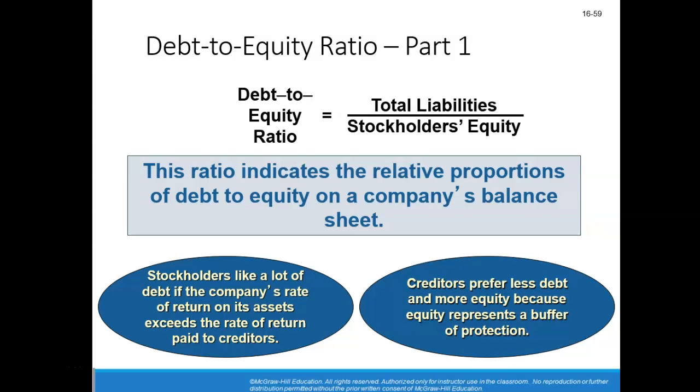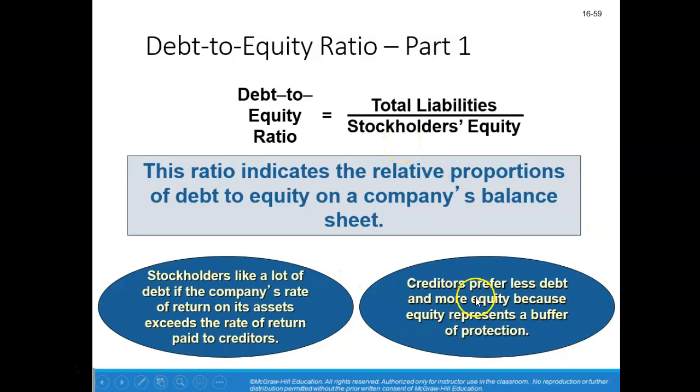When you think about stockholders' equity, that represents financial interest. If you are a stockholder of any company, you are part owner of that business. So when companies issue stock, they are selling interest in their business. That's part of their stockholders' equity section.